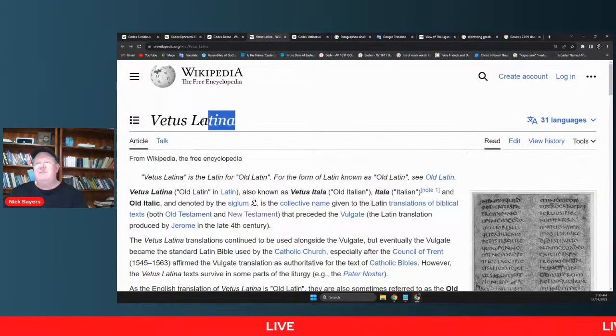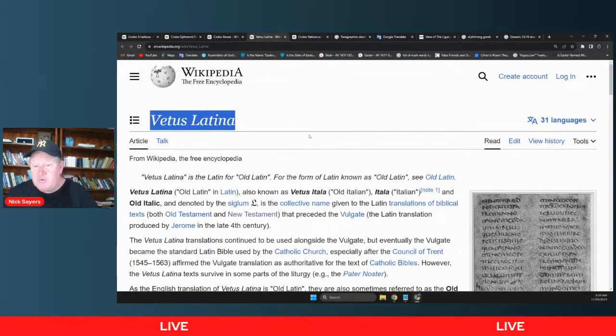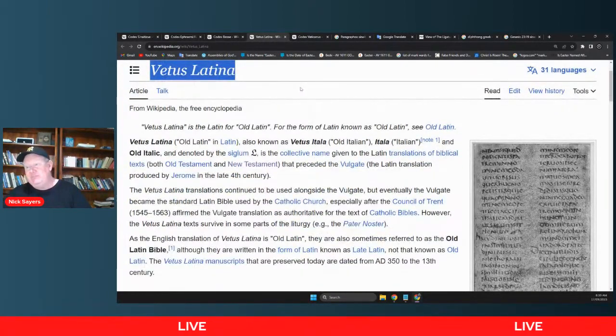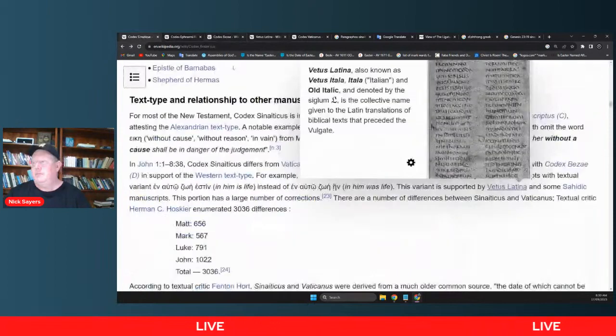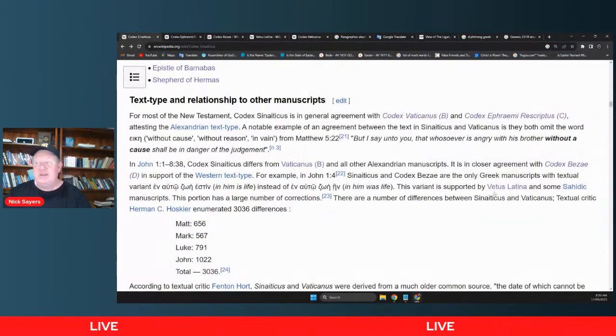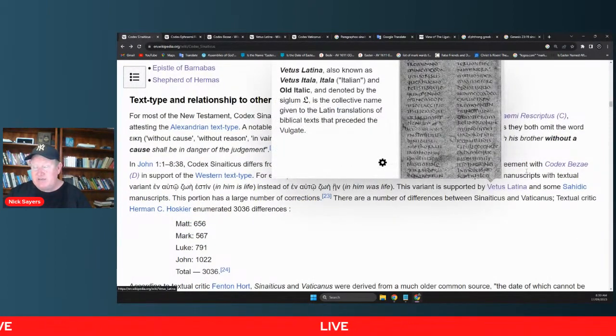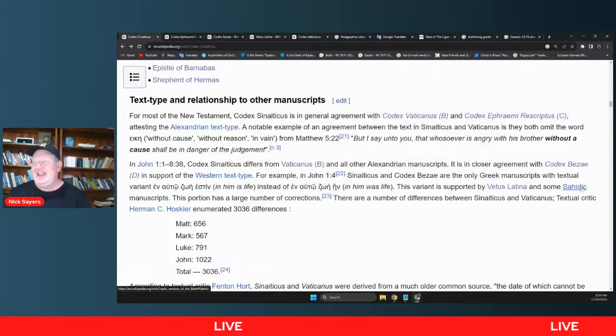So when they're talking about the Vetus Latina, they're talking about the Old Latin before Jerome. There's a lot of these manuscripts, and many Textus Receptus readings are found in them, which is quite interesting. So this variant is supported by Vetus Latina, so it's in the Latin, and some Sahidic manuscripts.